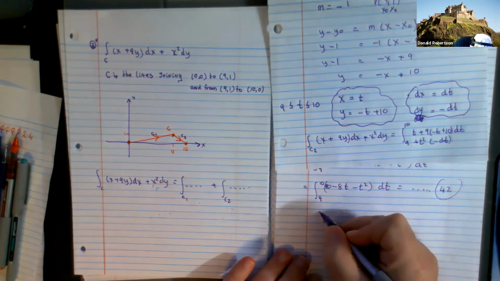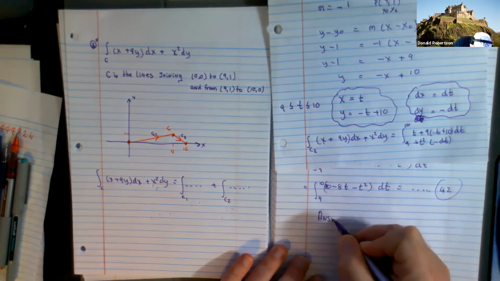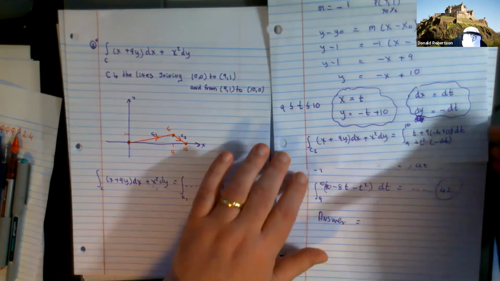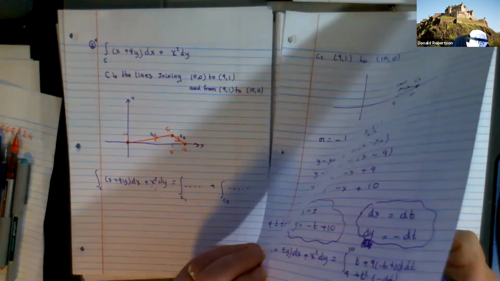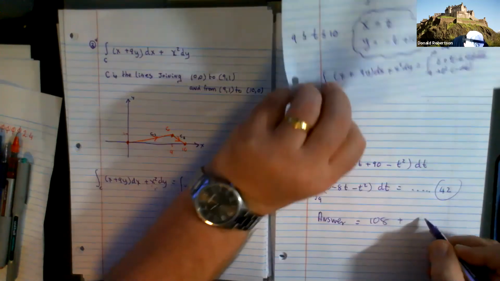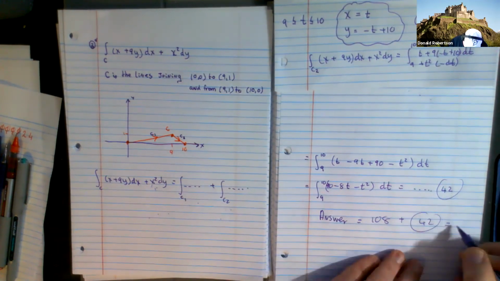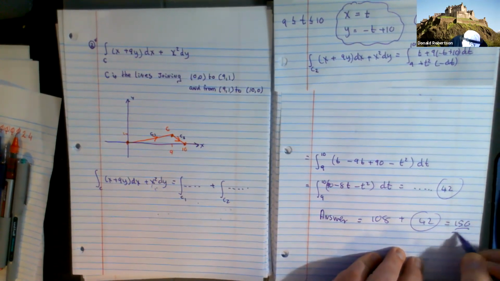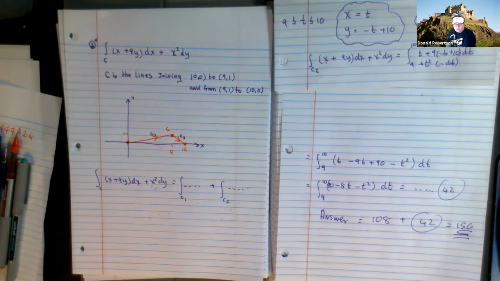Then won't the answer be the first line integral, which we did do, which is 108, plus whatever the real answer to that one is. And now the final, no more work to do, is 150. Right, because you did the first bit and you got its answer, you did the second bit, but together you need to add them.